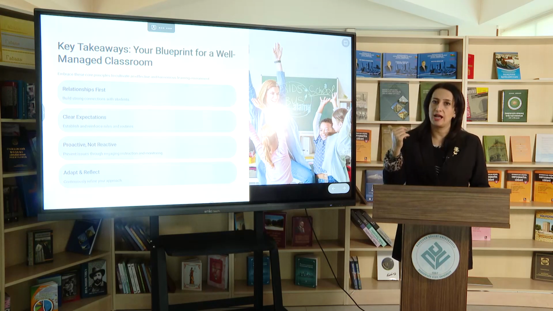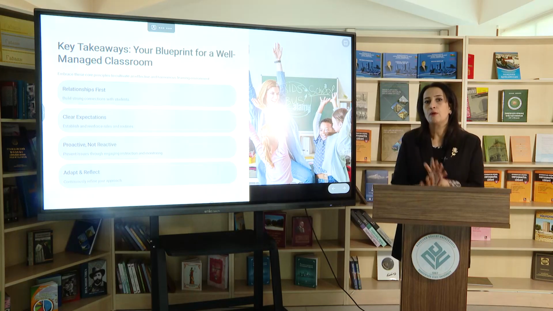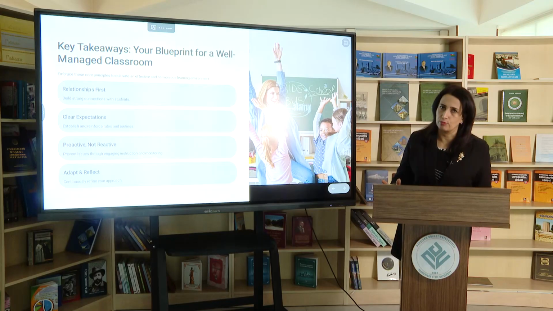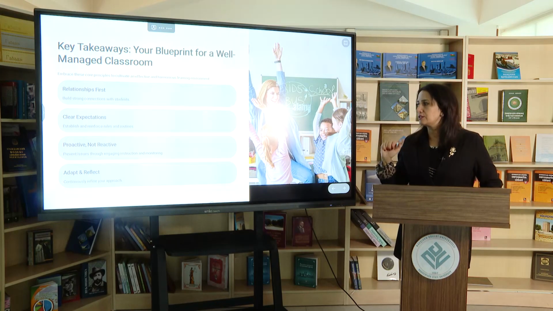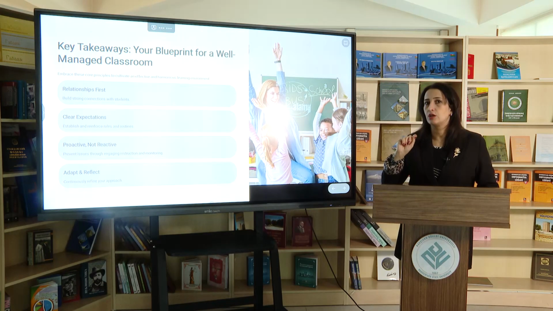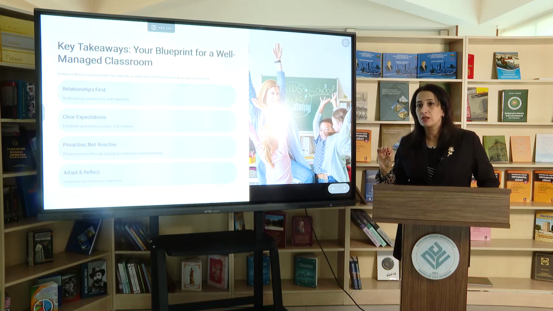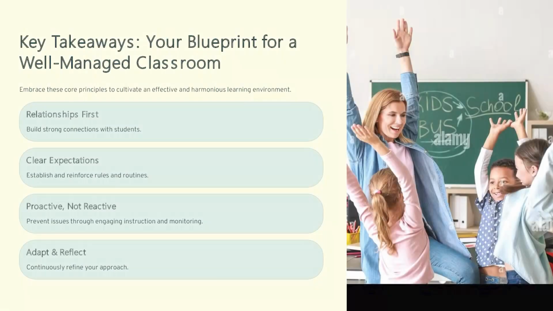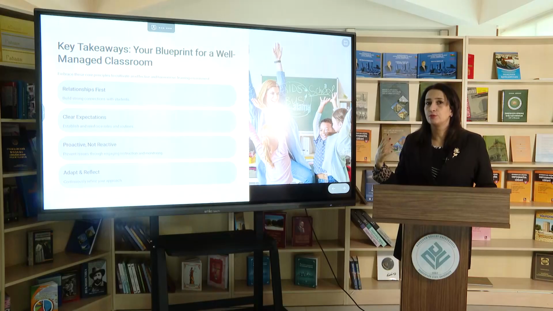And beforehand, we try to prevent all disruptions or other kinds of problems. Then adapt and reflect. We try to use new technologies, new strategies, but we should pay attention to everything while adapting new strategies, new plans, and try to reflect on everything.